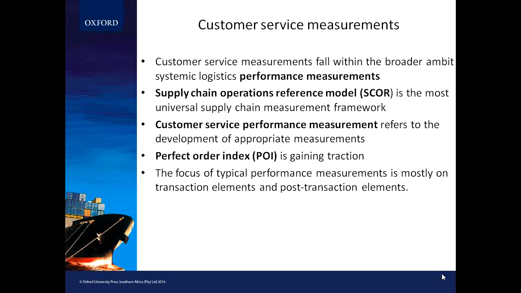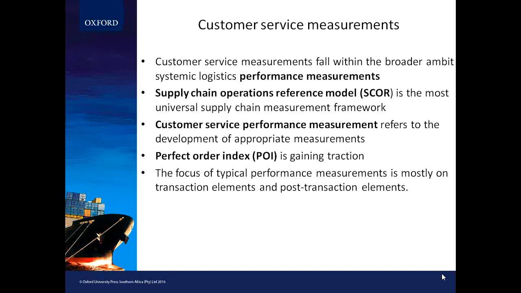In this particular area, I would like to emphasize perfect order indexing, that is POI. A perfect order is defined as an order that is shipped complete and delivered, gaining traction, the focus of typical performance measurement, mostly in the elements of post-transaction.